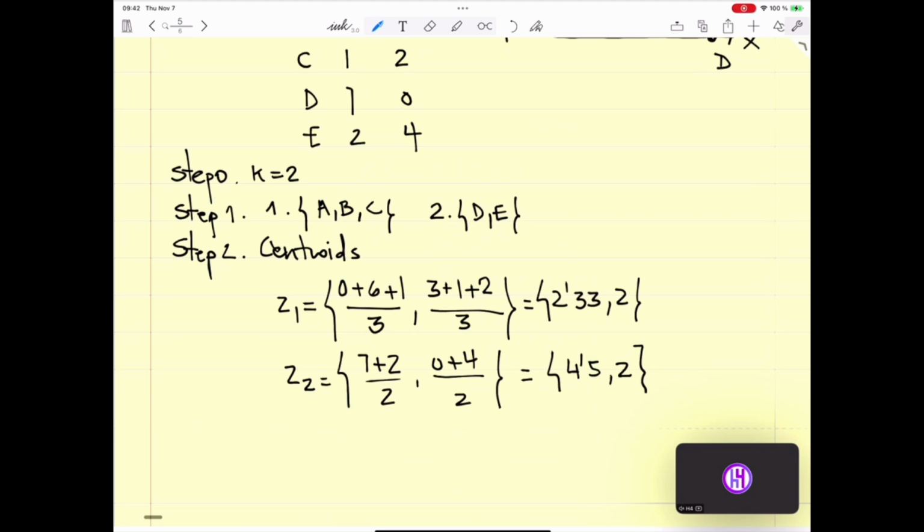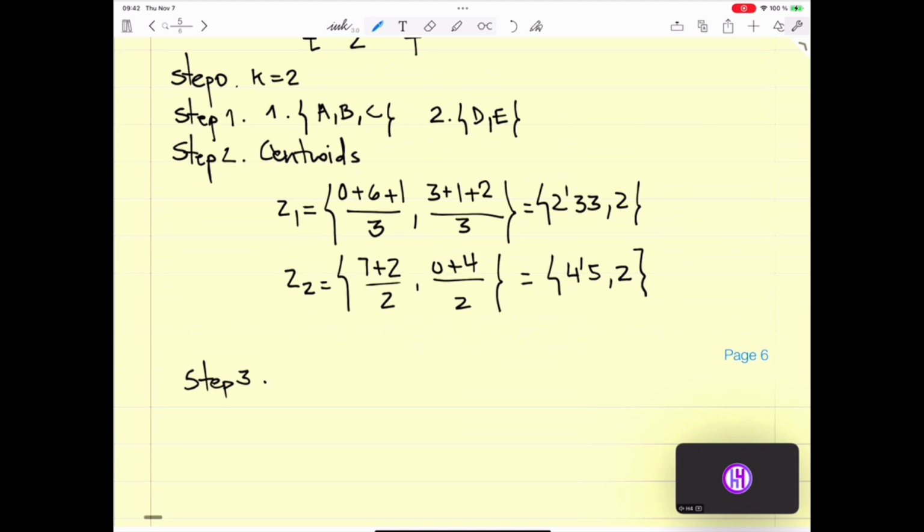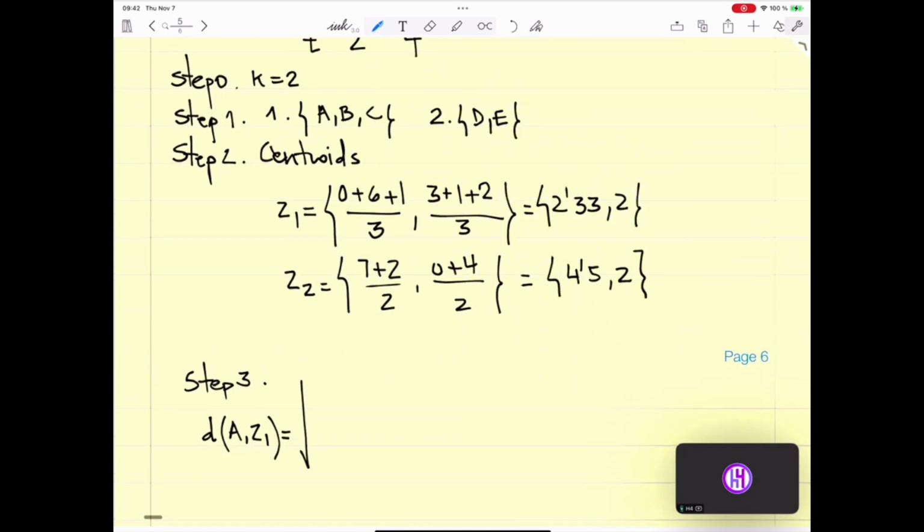So the third step is to calculate the distances of all the points to all centroids. So I do the first, and then the rest you can. From point A to centroid 1, the coordinates of point A are 0, 3, so it's the square root of 0 minus 2.33 squared plus 3 minus 2 squared.